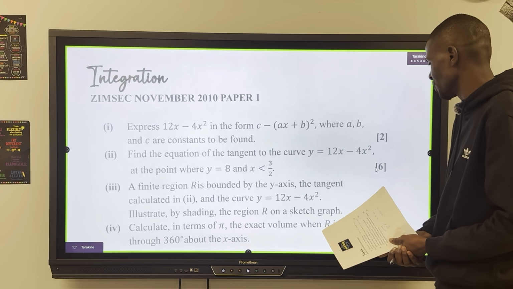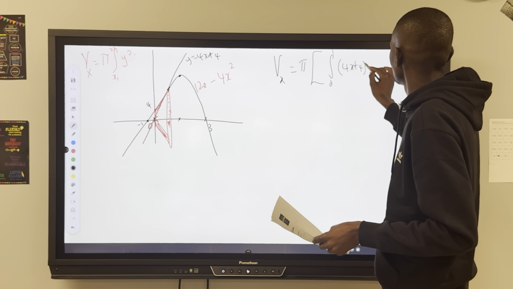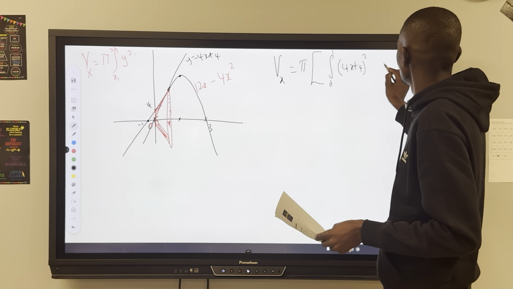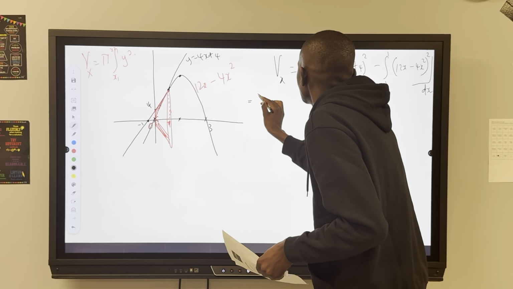So what we need to do is to say my volume is equal to pi integral from 0 to 1 of the one that is at the top, 4x plus 4 squared, subtracting the one from 12x minus 4x squared, with respect to x.